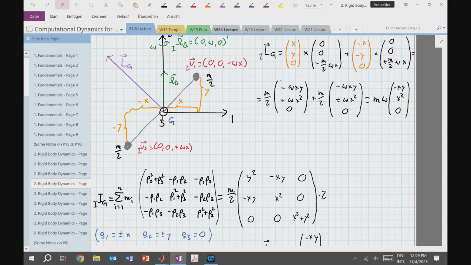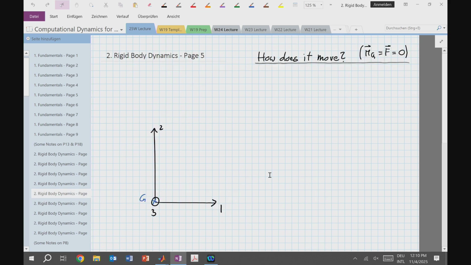Mass here, rotating this way, so that's my omega. Angular momentum points this way. And we did this through the definition of the angular momentum: compute the linear momentum, and then the moment that it creates, so literally the moment of momentum. And then we did it through the mass matrix. That's the same thing.